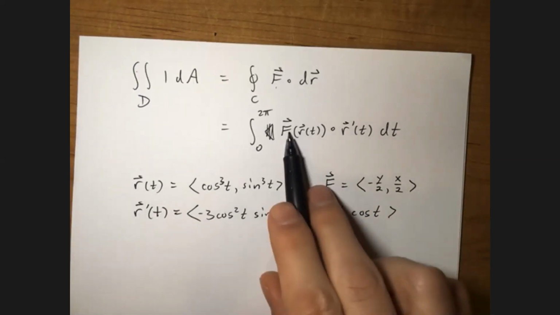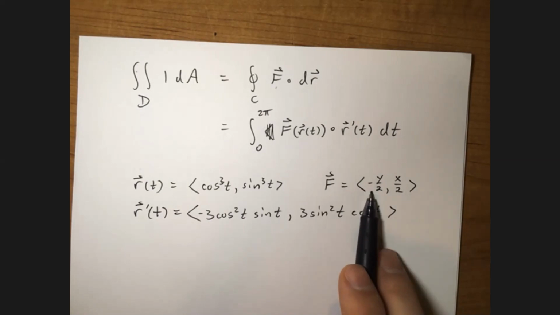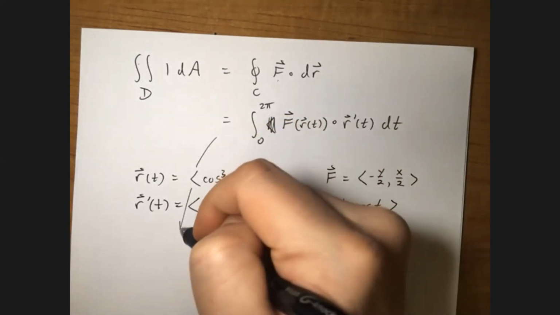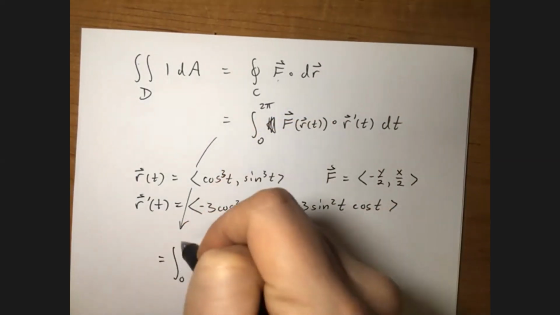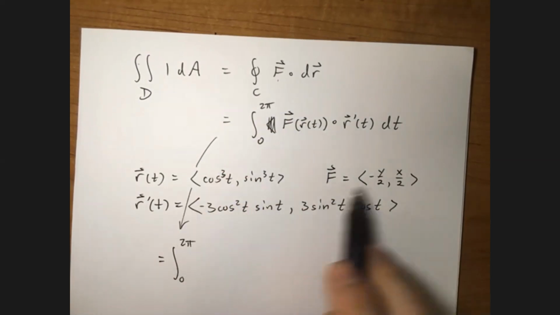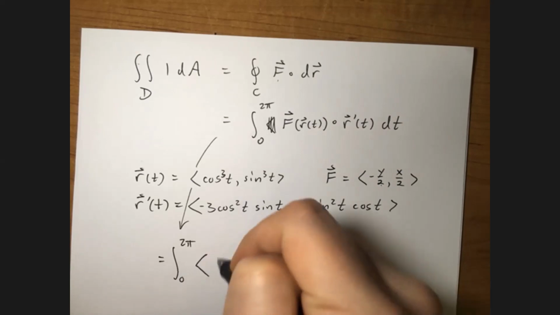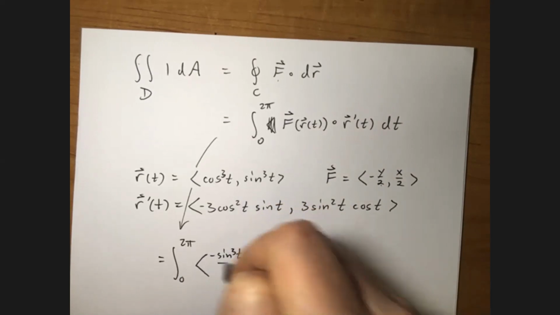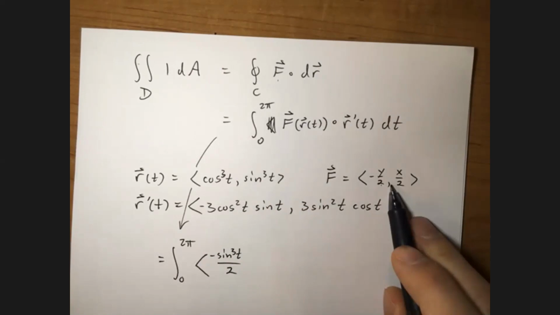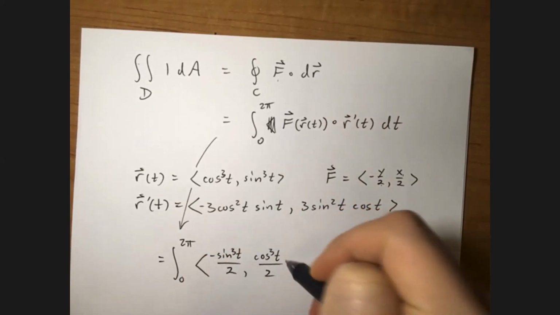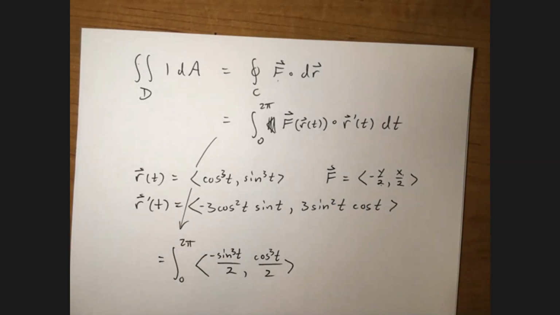So F of r of t, I'm going to plug these things into here. F of r of t is going to be negative y over 2, so negative sine cubed t over 2, comma x over 2, so that's cosine cubed t over 2, dotted with r prime of t.